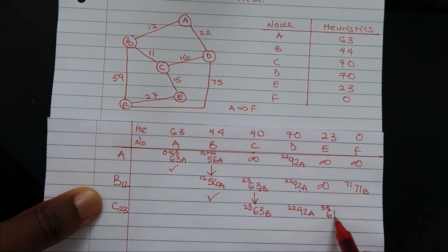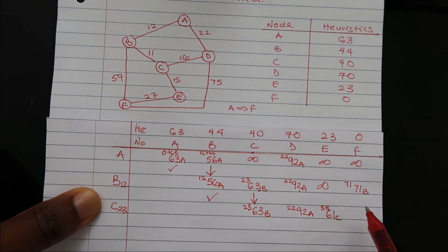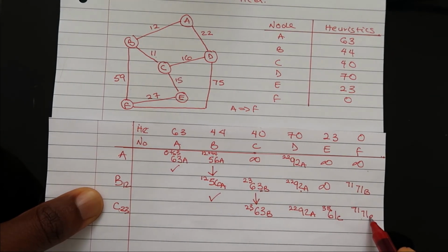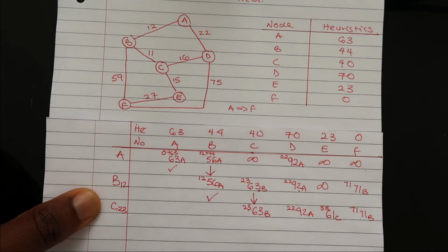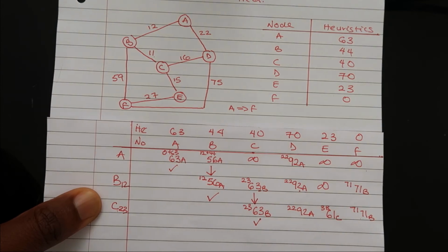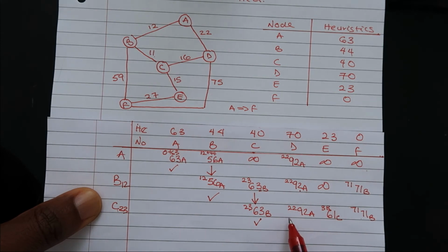I'll put the 61 there. And that's coming from C. C to F doesn't exist, so the best known path currently to F is still 71, coming from B. At this point, I have explored all of C. I'll look down here again.